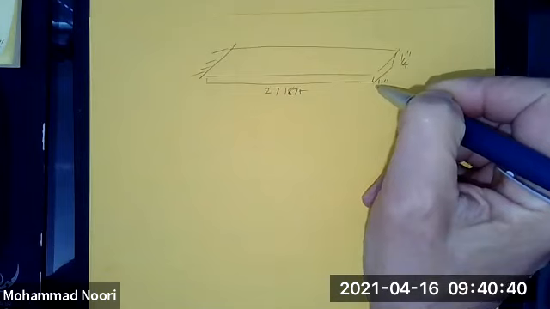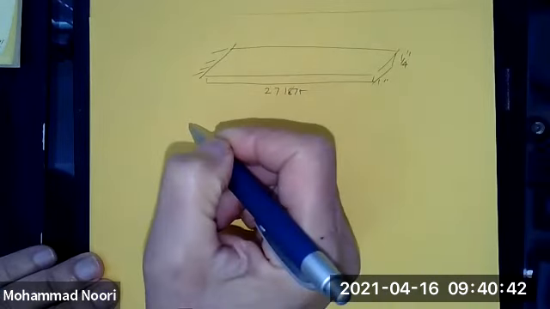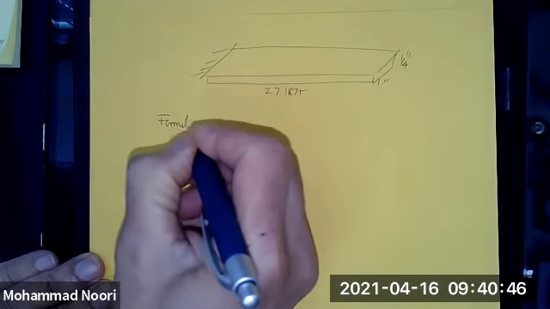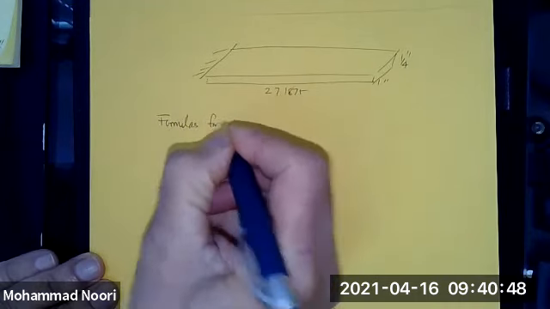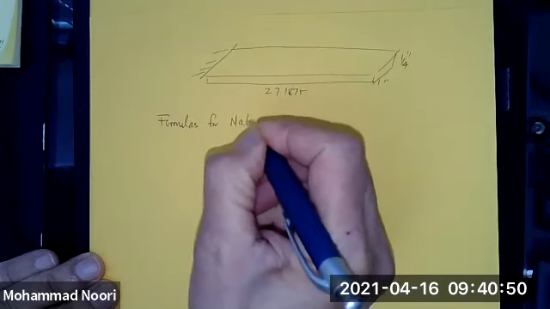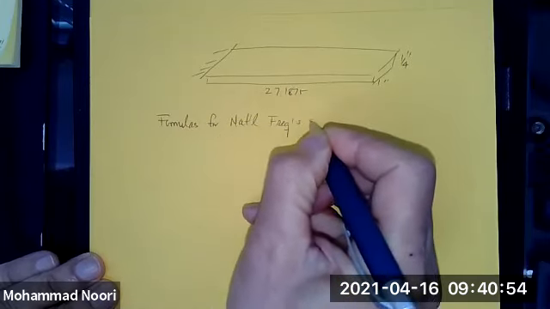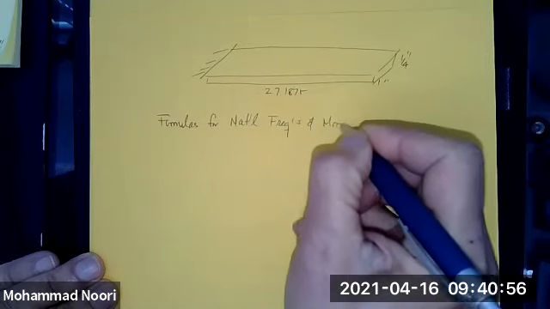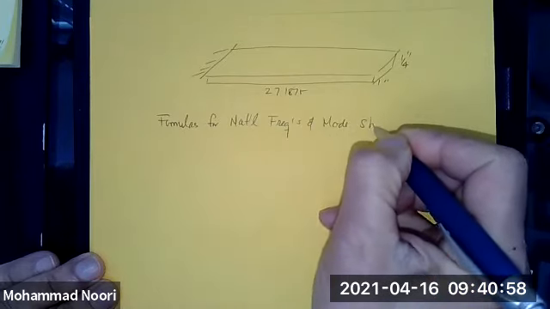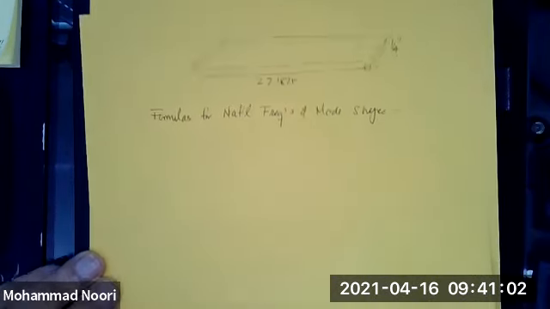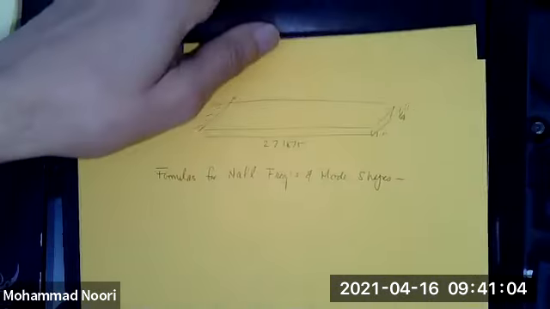There is a book called Formulas for Natural Frequencies and Mode Shapes. I forgot the name of the author. I guess it was Blevins, maybe I'm wrong.